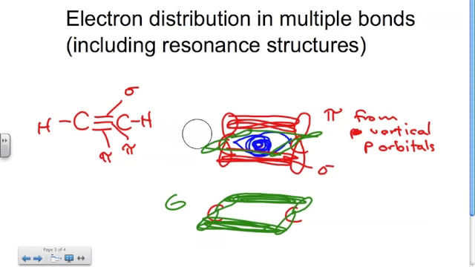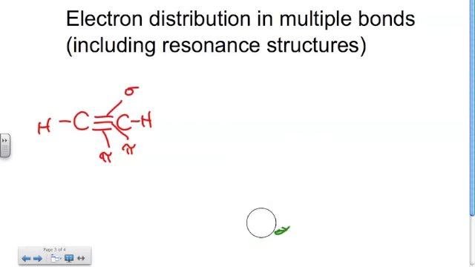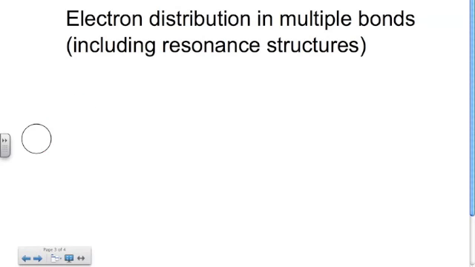What happens now with resonance structures? And how does that electron distribution look? Well, if we look at something like our benzene ring, remember that benzene, I'm going to just draw the simple organic chemistry version here.